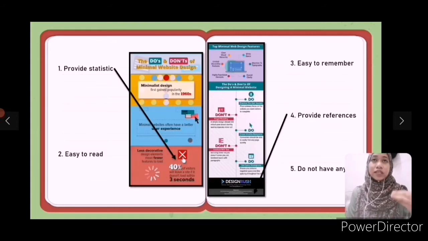Then the content is easy to read because it is simple and easy to understand, because the font used is suitable and the information in the infographic is not too crowded and not too much. Then the content is easy to remember because it used suitable icons that relate to the content represented in the infographic. Next, the content is not too broad and not too long, so it is very easy to remember, and the data given is easy to catch and to keep in mind.